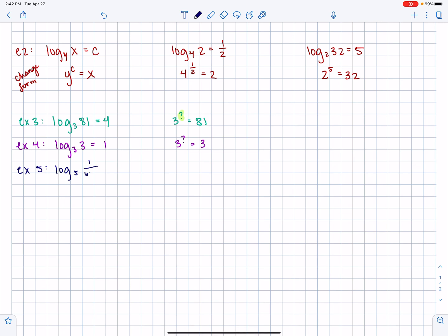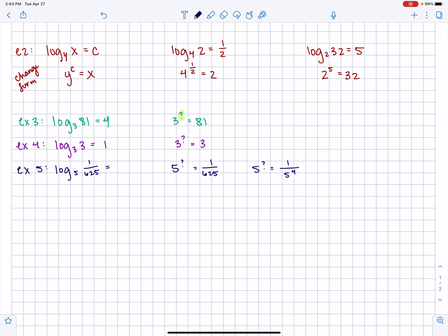So a little bit harder on this one. This is asking for log base 5 of 1/625. So again, putting it in this form, we're saying 5 to what power is equal to 1/625? And if you need to break this up a little bit more, you could see here that 1 over 625 can also be written as 1 over 5 to the 4th.